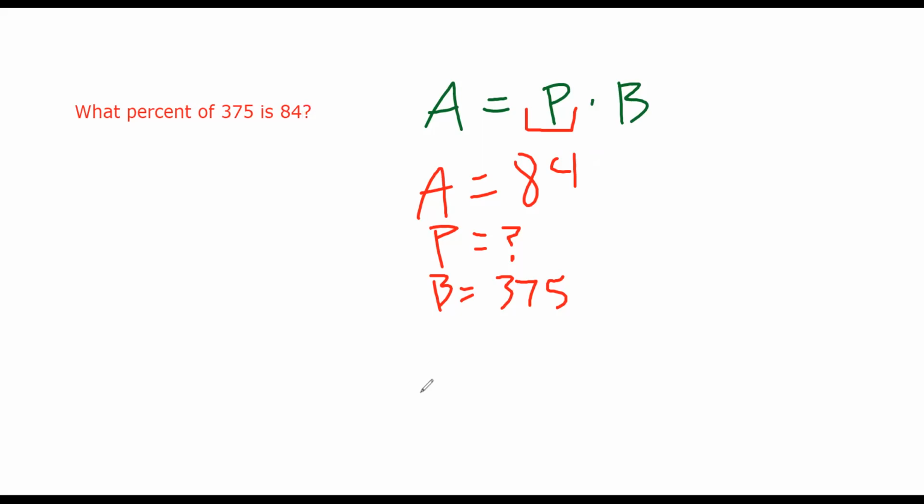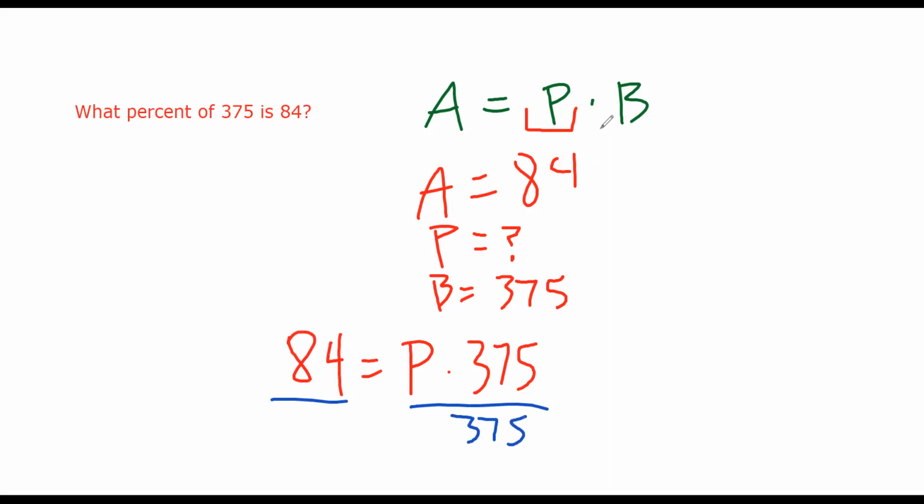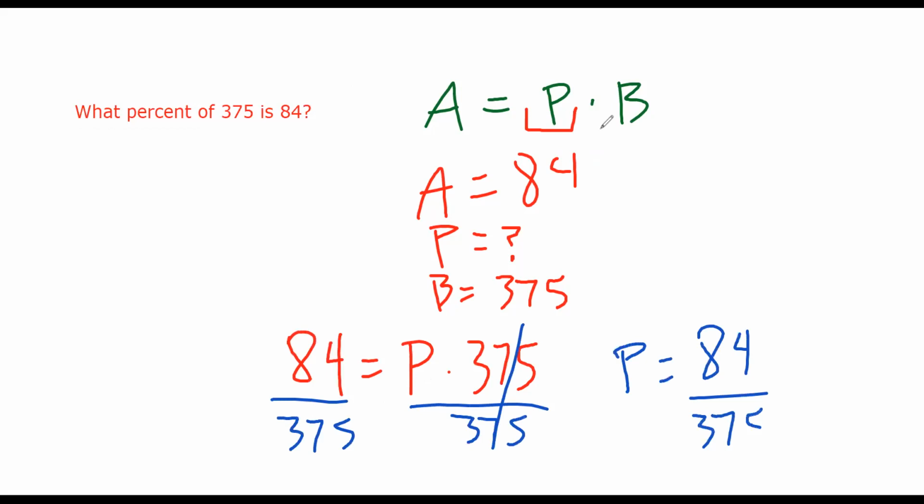What percent of, well, set up the formula. 84 equals P, which we don't know, times 375. You would divide both sides by 375. This is just simple equation solving in order to get P. 84 over 375.